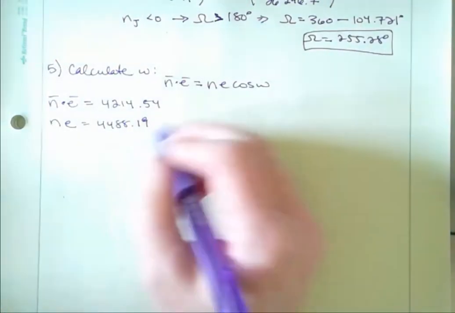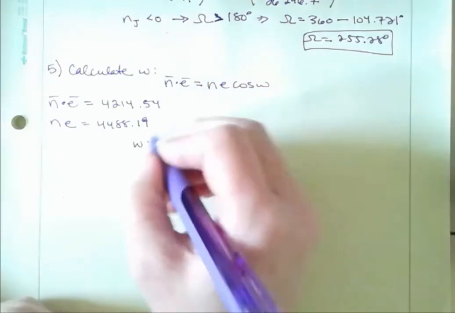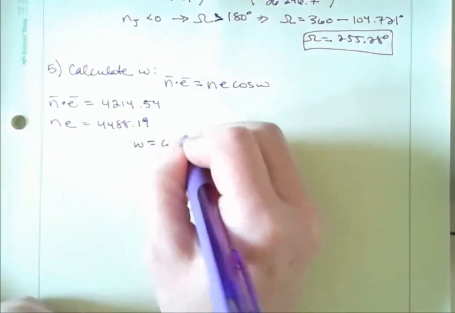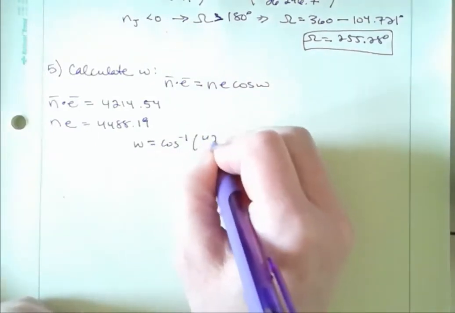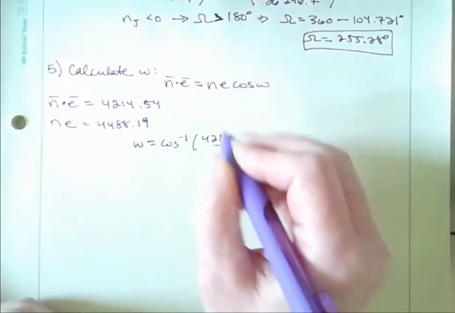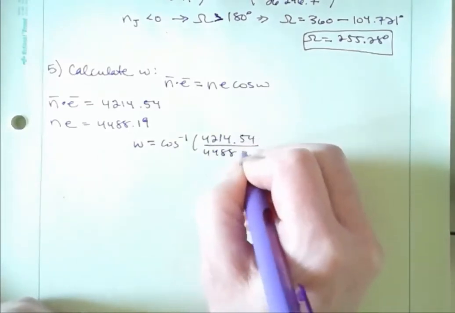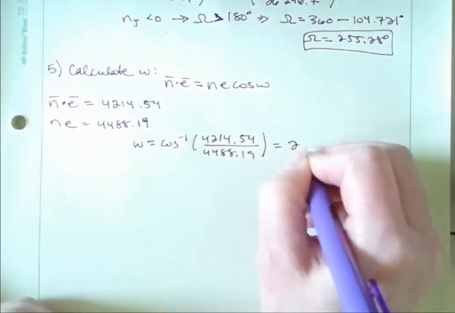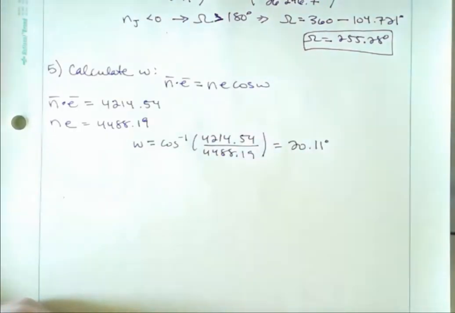So now that we have this, you can just solve this. We'll have omega equals arc cosine 4214.54 over 4488.19. And that equals 20.11.